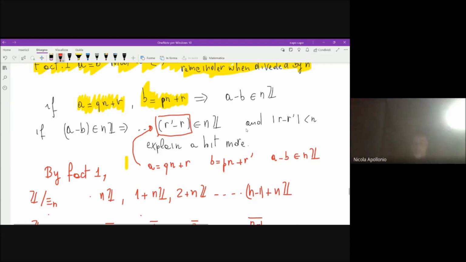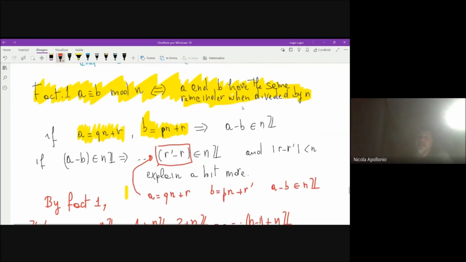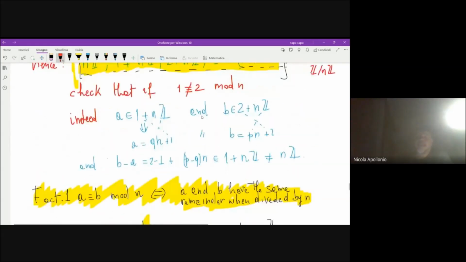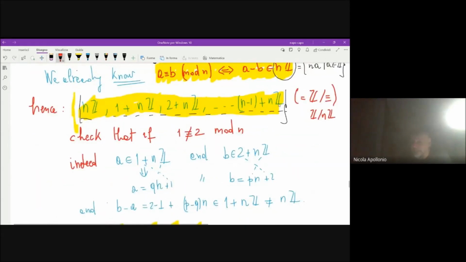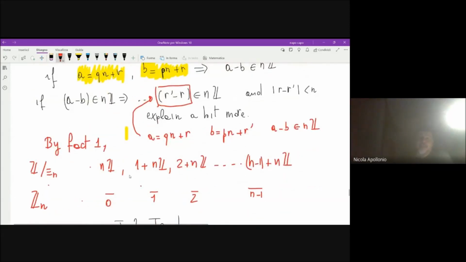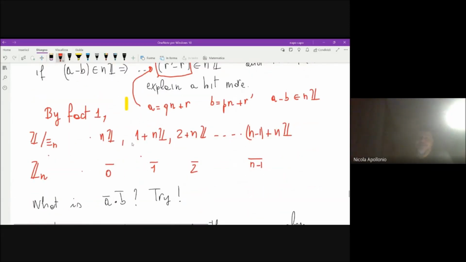So try to convince yourself that this is true. Pause and think a little bit more on this fact. But after this fact, the representation is proved, because this is obvious.